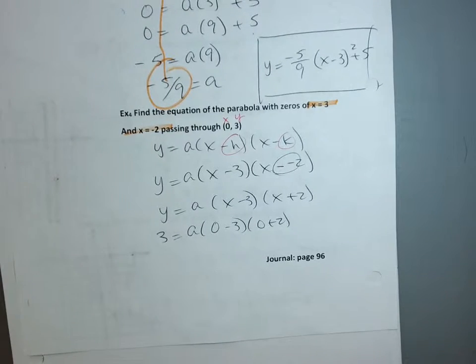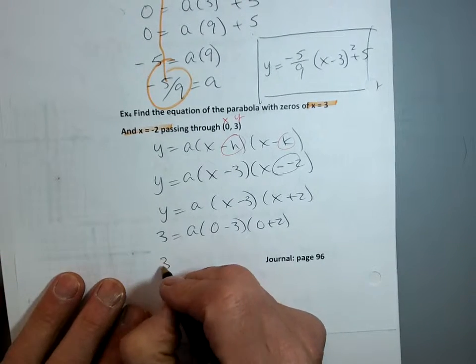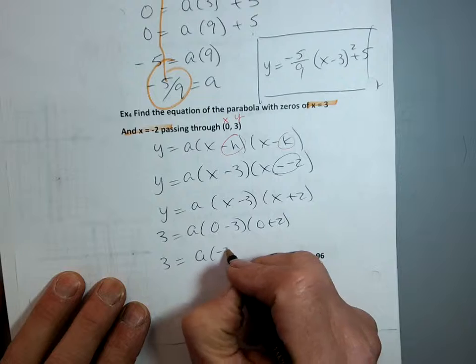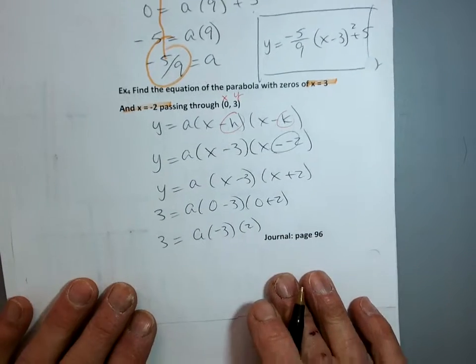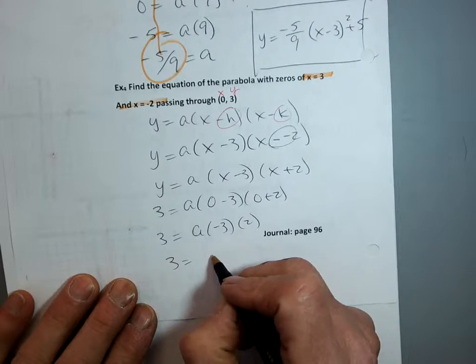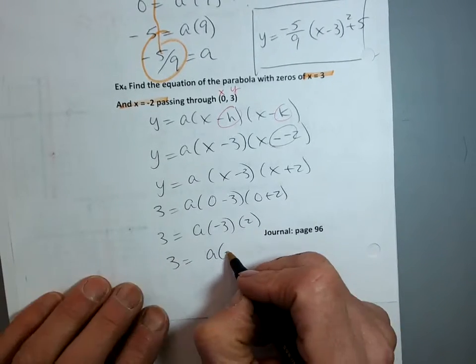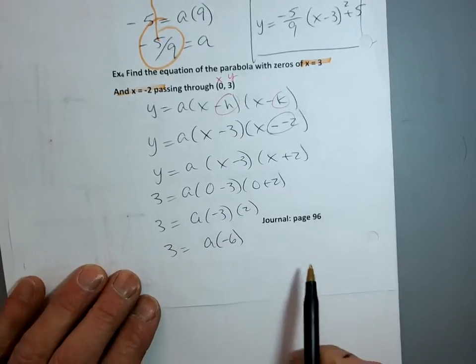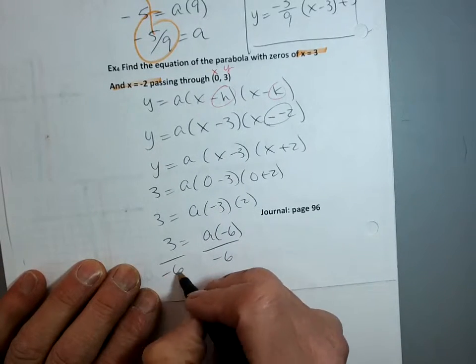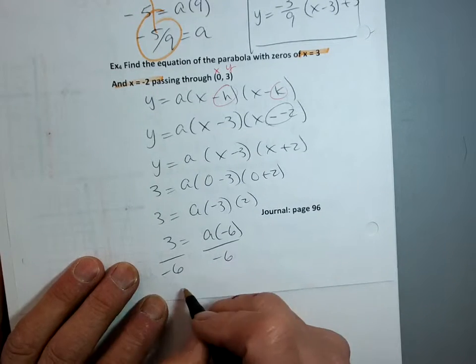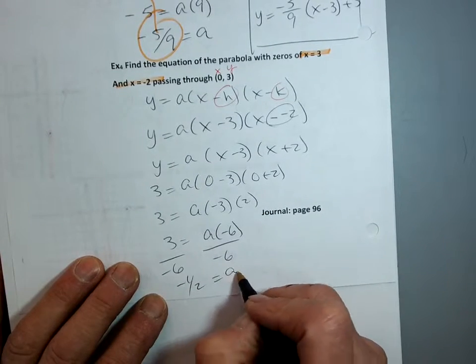I'm going to be able to find a pretty easily. 3 equals a times negative 3 times 2. Negative 6, right? It's multiplied, negative 3 times 2. Divide by negative 6, and I'm going to get negative 1/2, because I just reduced that.